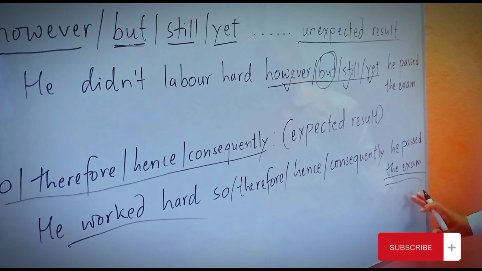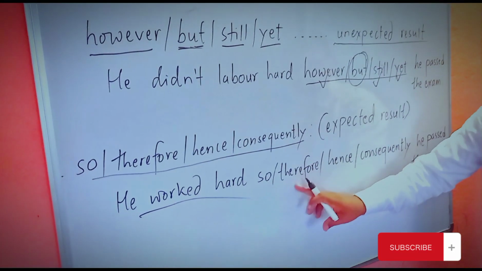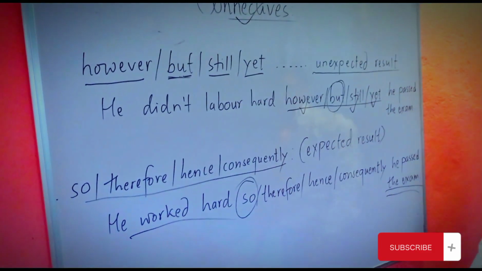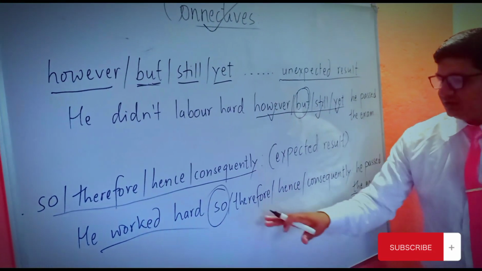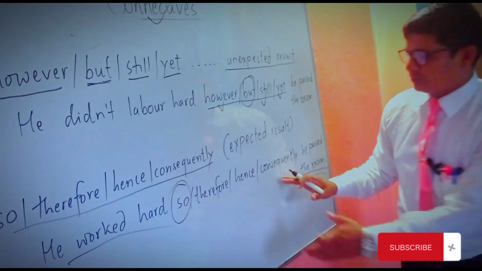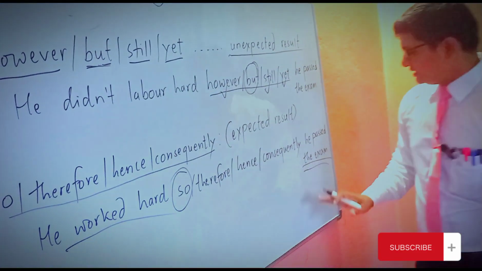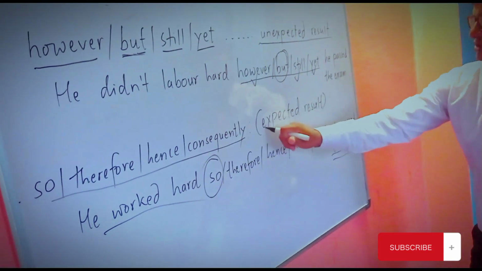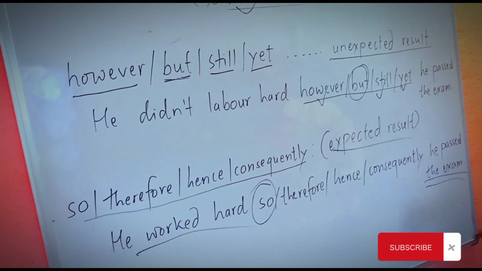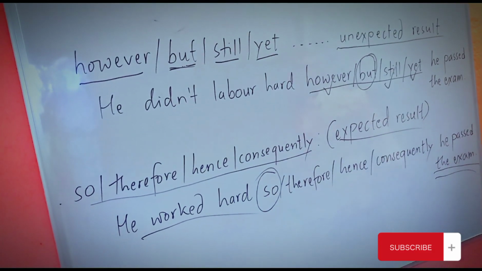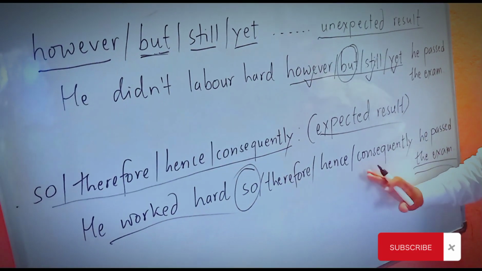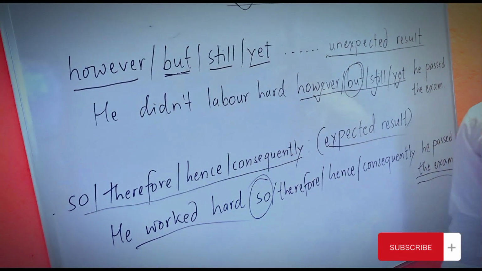If you are familiar with "so", you can use these all. In place of "so", you can use therefore, hence, consequently. They look very formal and more standard. He worked hard, so he passed the exam. He worked hard, therefore he passed the exam. Hence he passed the exam. So I think you are clear about this.